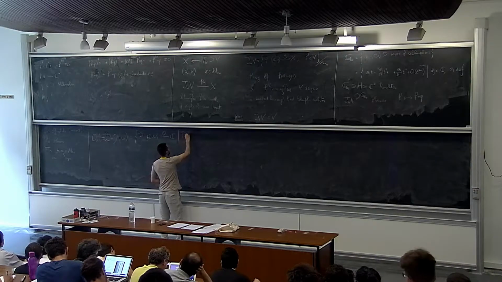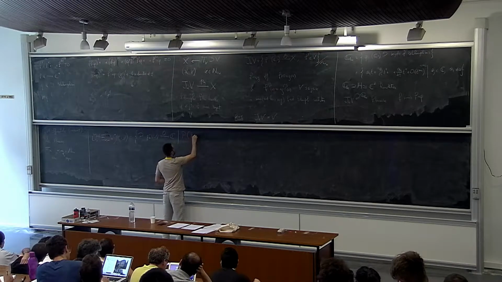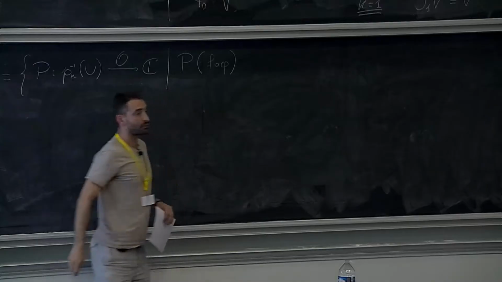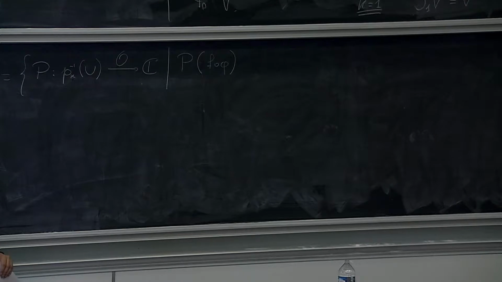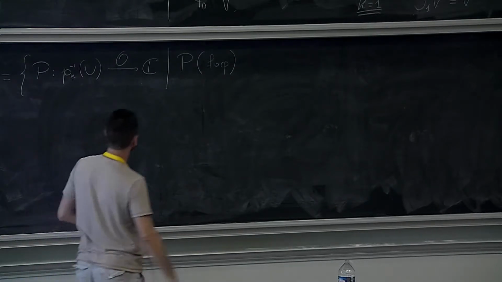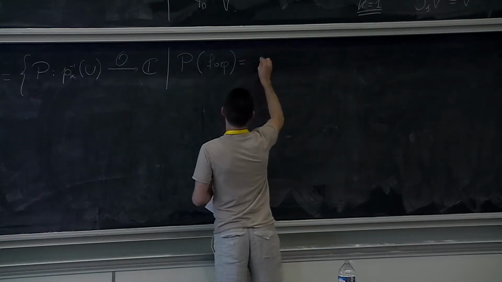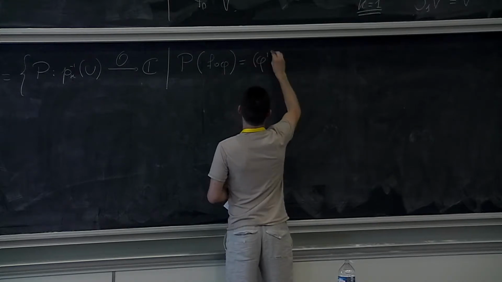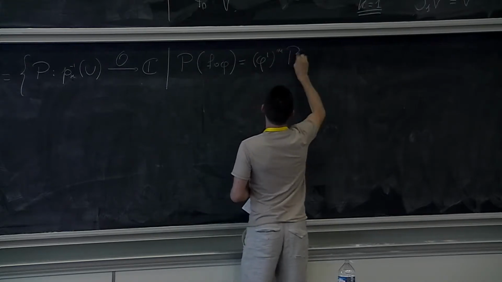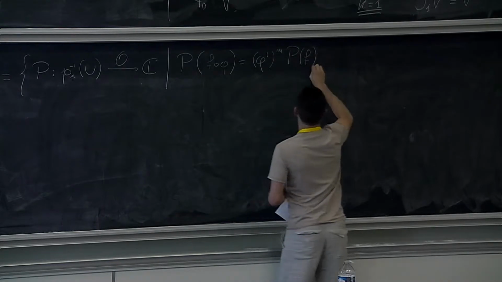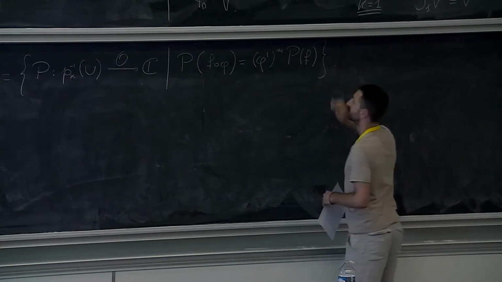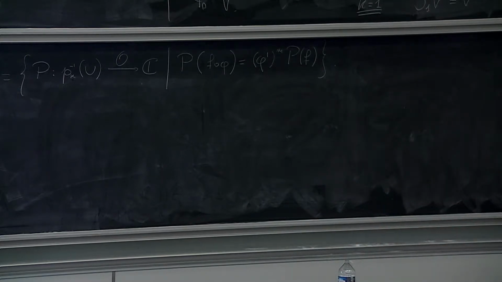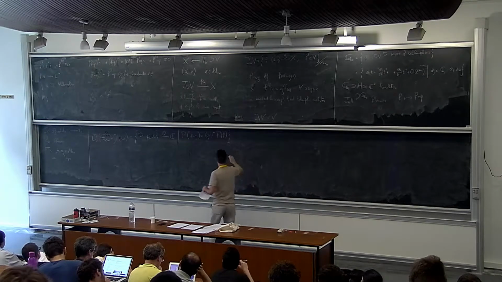When I compute P on f composed by phi, where phi is some element acting fiber-wise, I want it to be (f')^m P of f, maybe composed by phi.